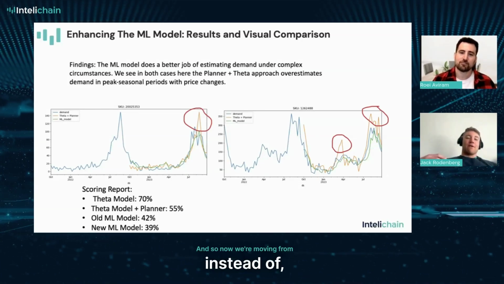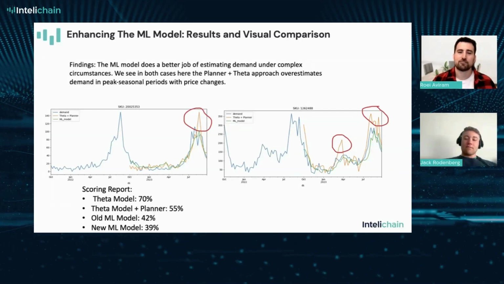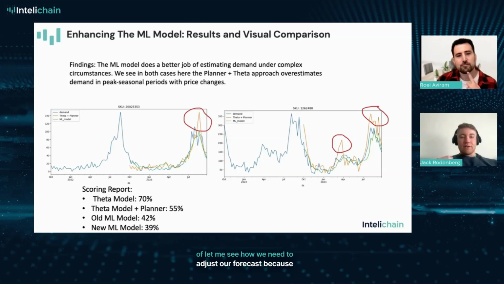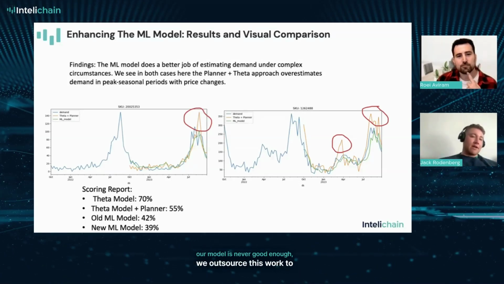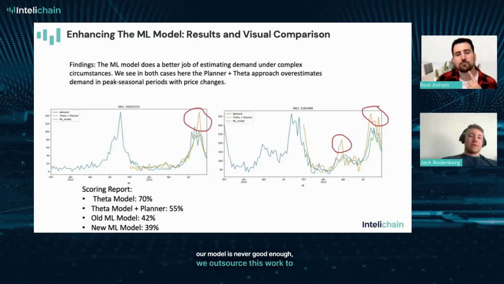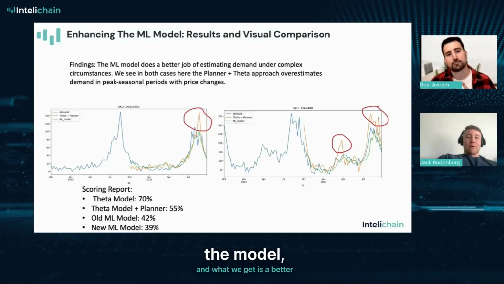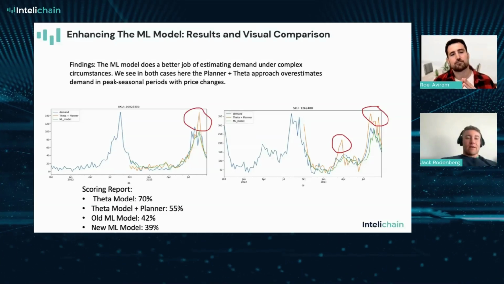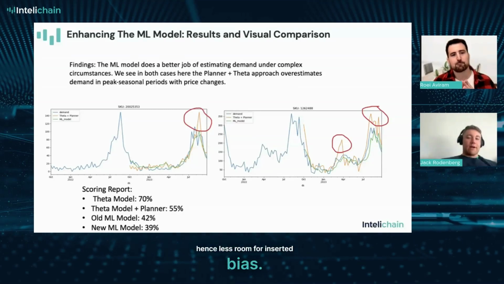So instead of having this very high pressure position of figuring out how to adjust our forecast because our model is never good enough, we outsource this work to the model, and what we get is a better forecast where we require less adjustment, and hence less room for inserted bias.